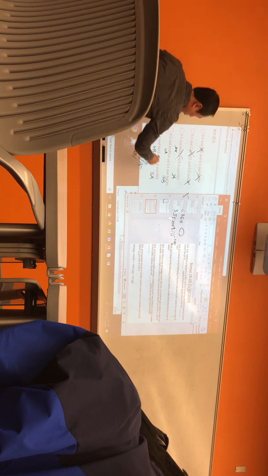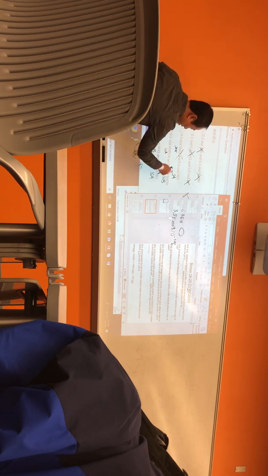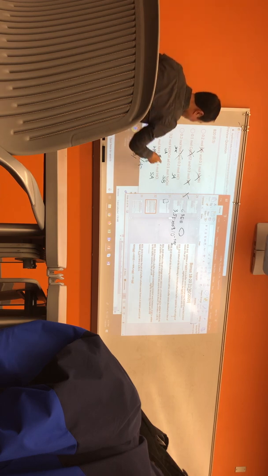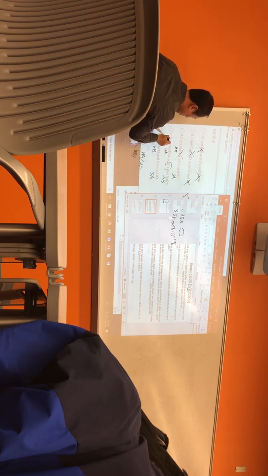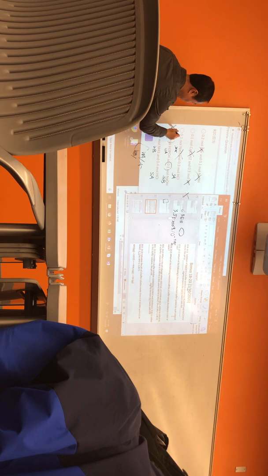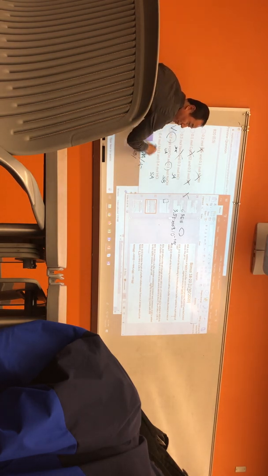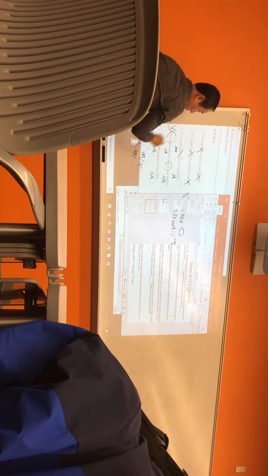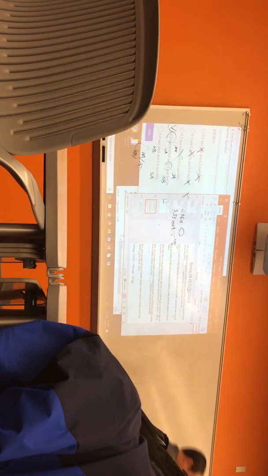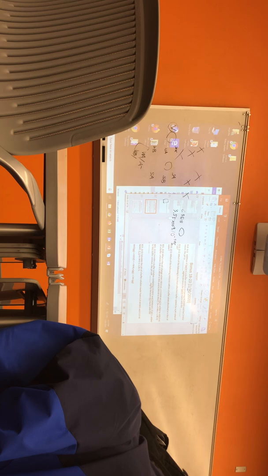Otherwise, if you have a strong one, it should be less than the weak one. So this one has a number smaller than 2. That will make a buffer. This one has equal amounts, so you do not have a buffer. So that's this. That's number 18.